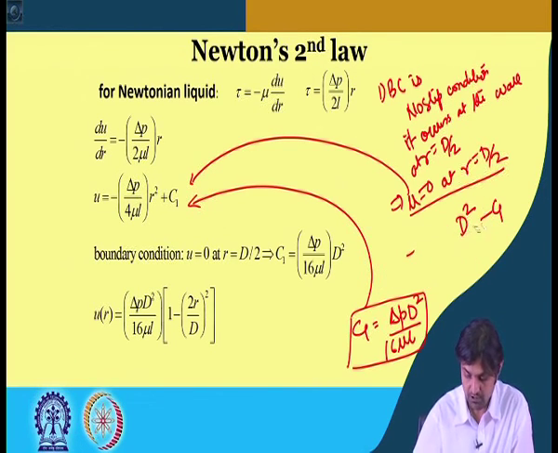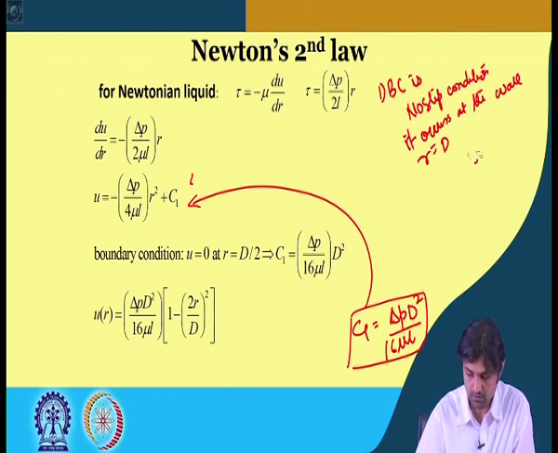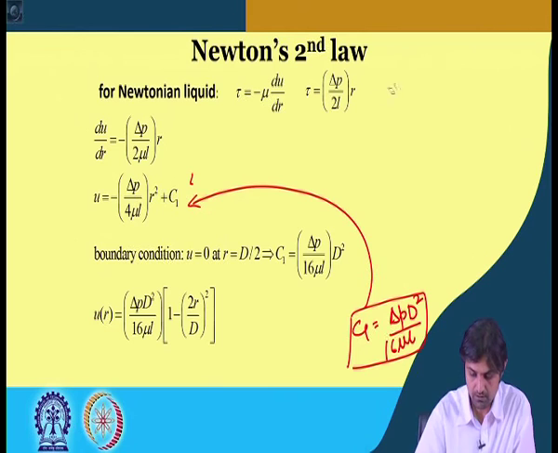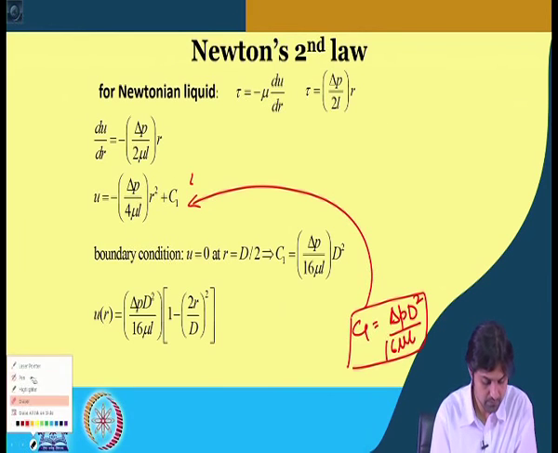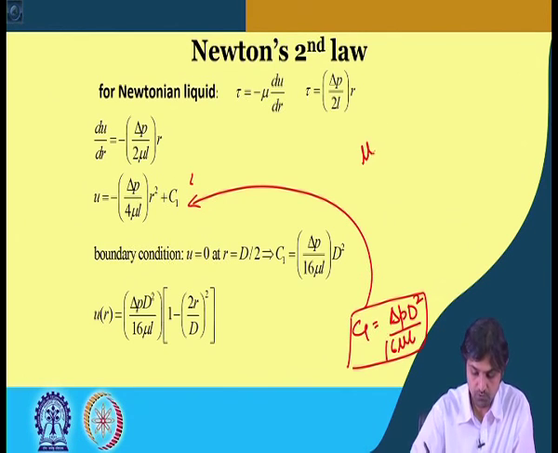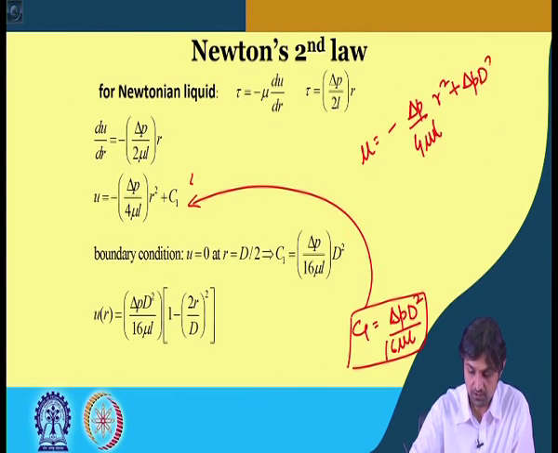So u will be minus delta p by 4 mu l into r square plus C1, which is delta p d square by 16 mu l.